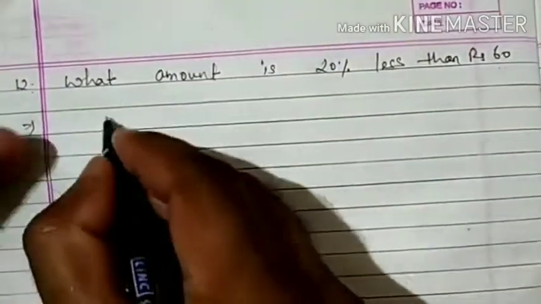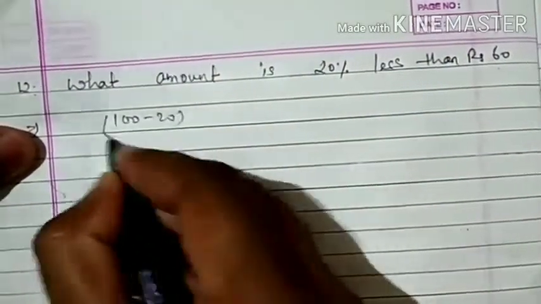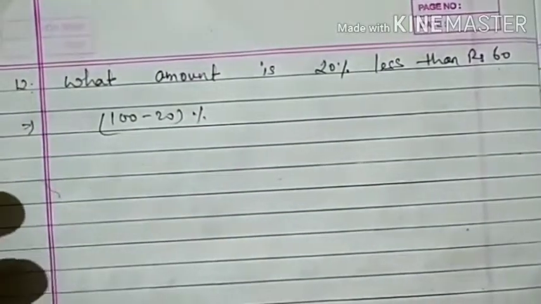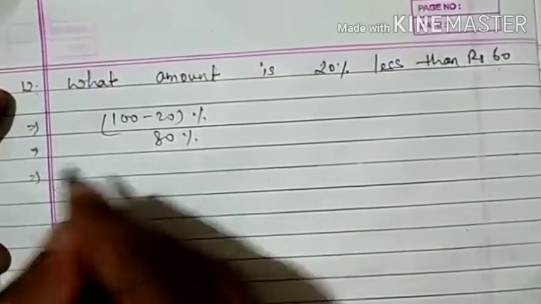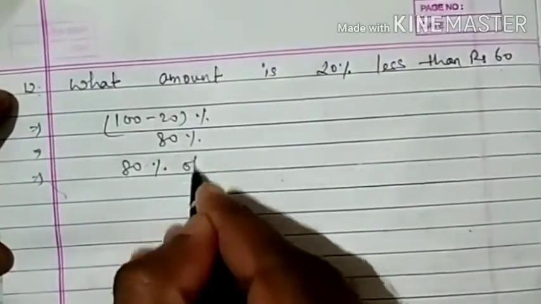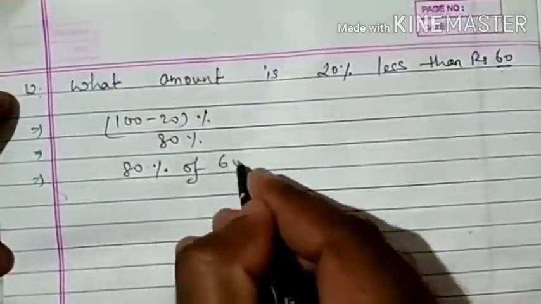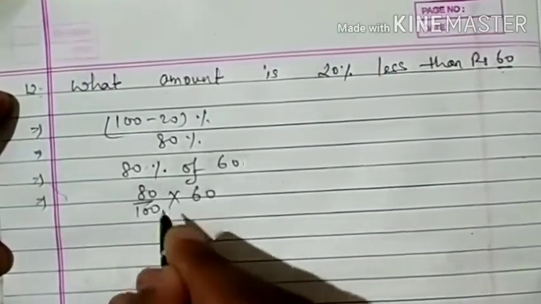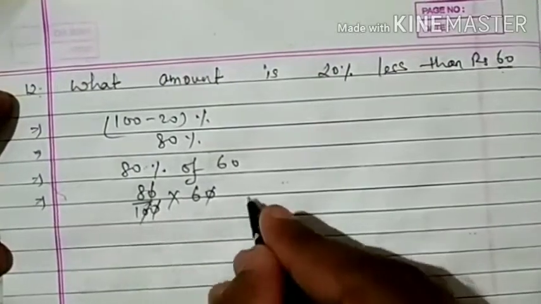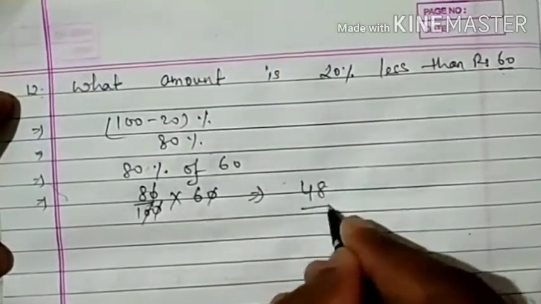So what will be the required percent? 100 minus 20, which is 80%. 80% of what? 80% of 60. So 80 by 100 into 60. 0 will cancel 0, 0 will cancel 0. 8 6 ja 48.